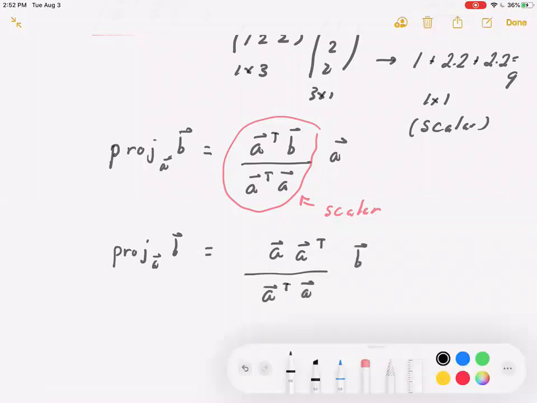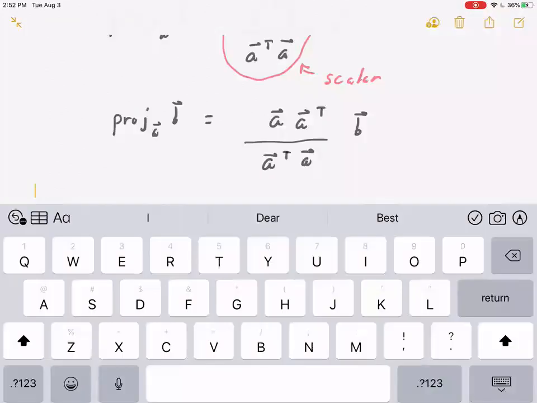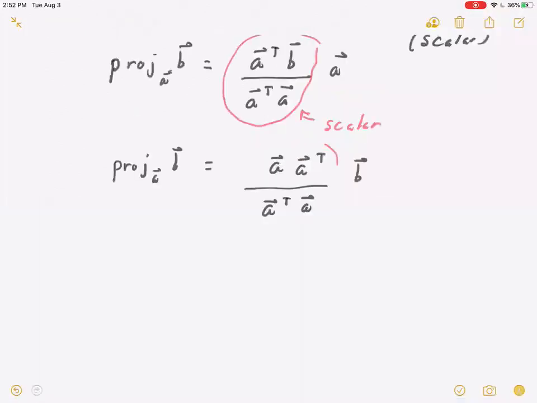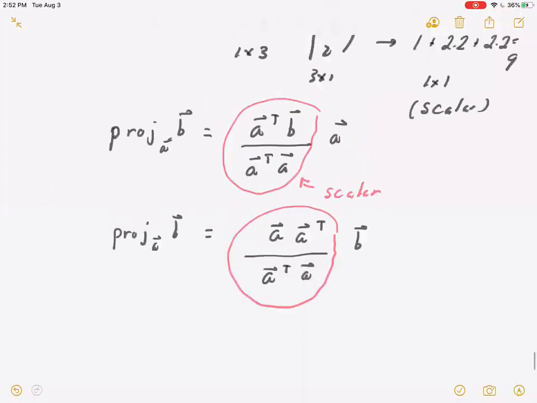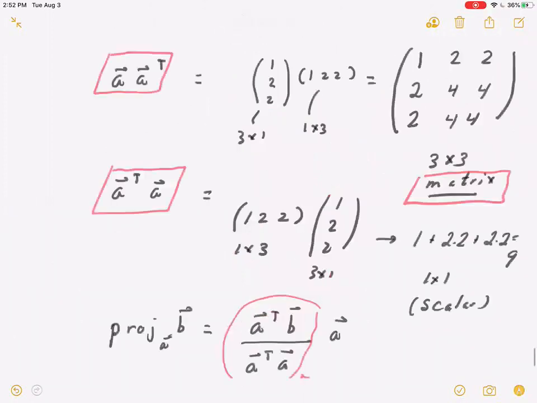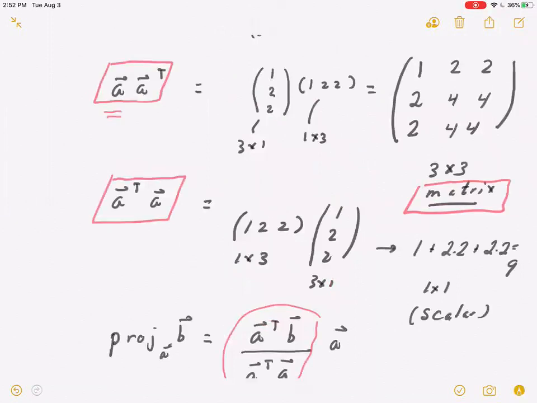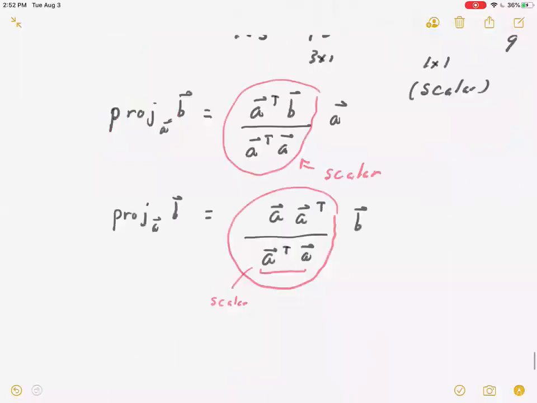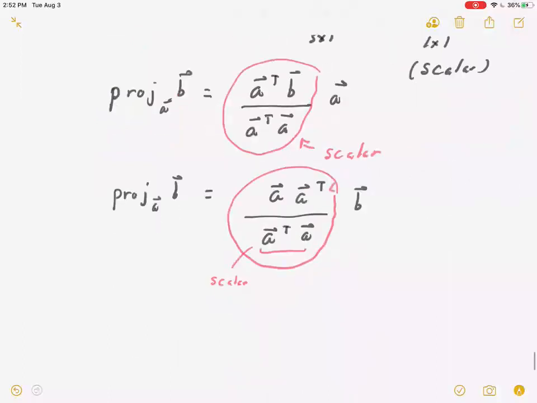And now I am in a position to answer my question, what is this guy? Well, the denominator is certainly a scalar. That's a number. But as we've shown in this previous example, if you take A and multiply it by its transpose, you have to get a matrix. So this numerator is now a matrix.